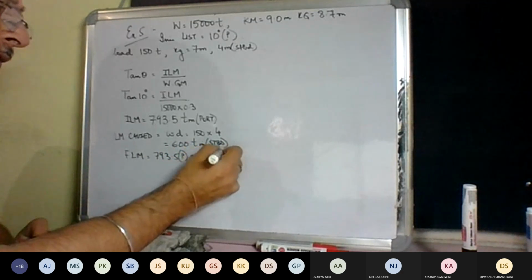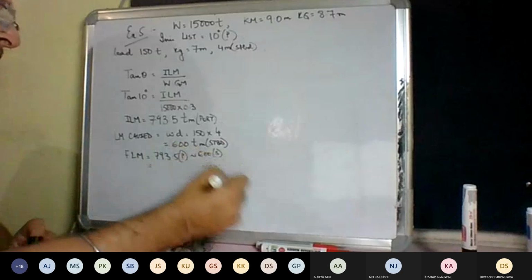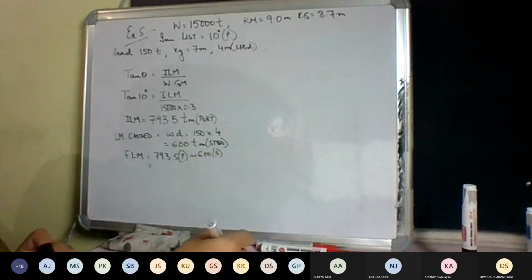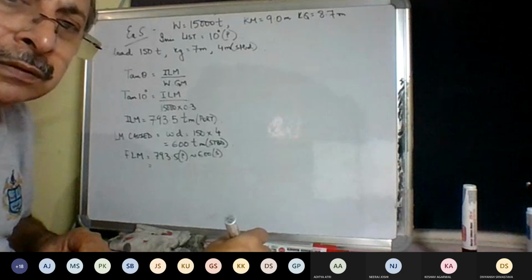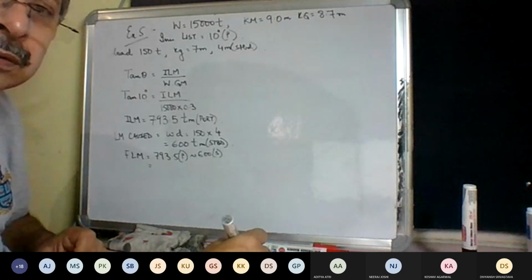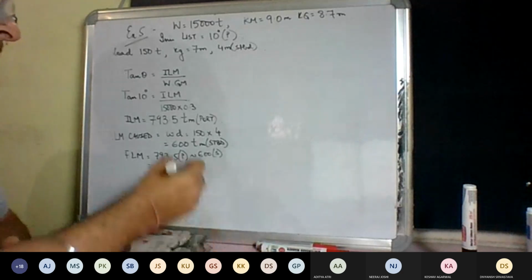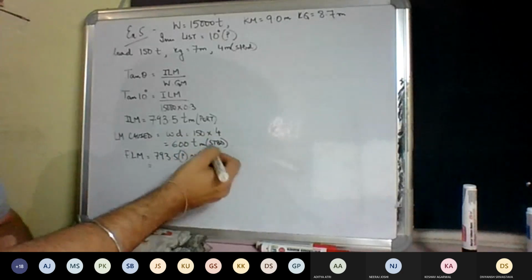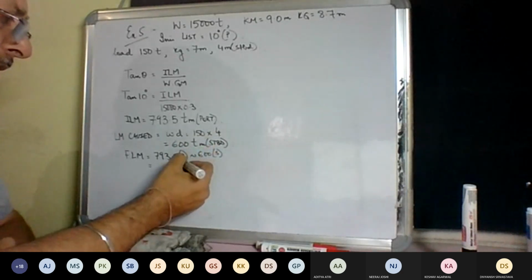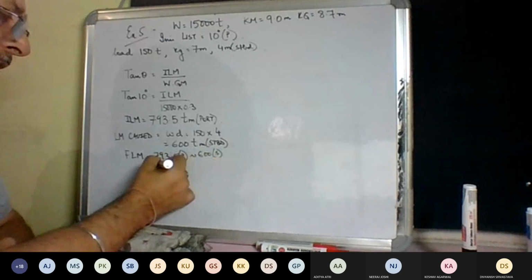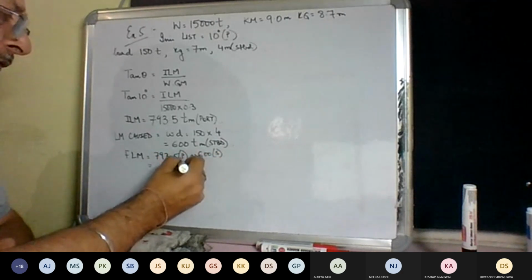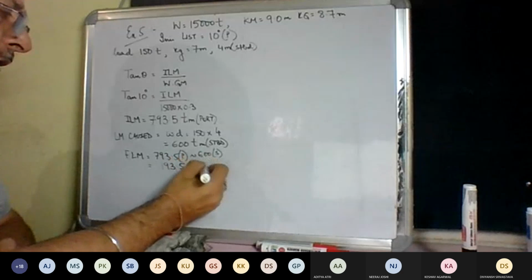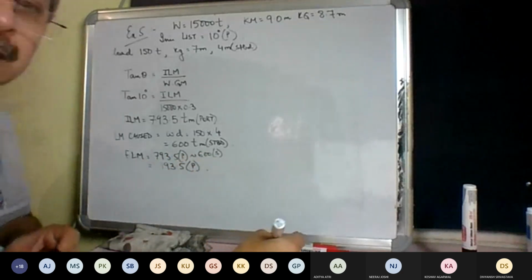That is minus because दोनों opposite हैं. अगर सेम साइड होता तो ऐड हो जाता. So therefore, different names, difference, same names, sum. So difference of the two, 193.5 to the port is my final listing moment.